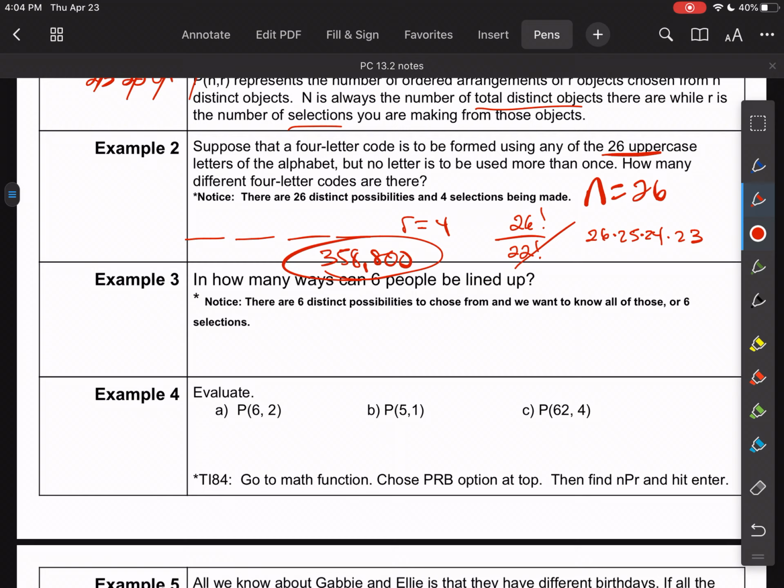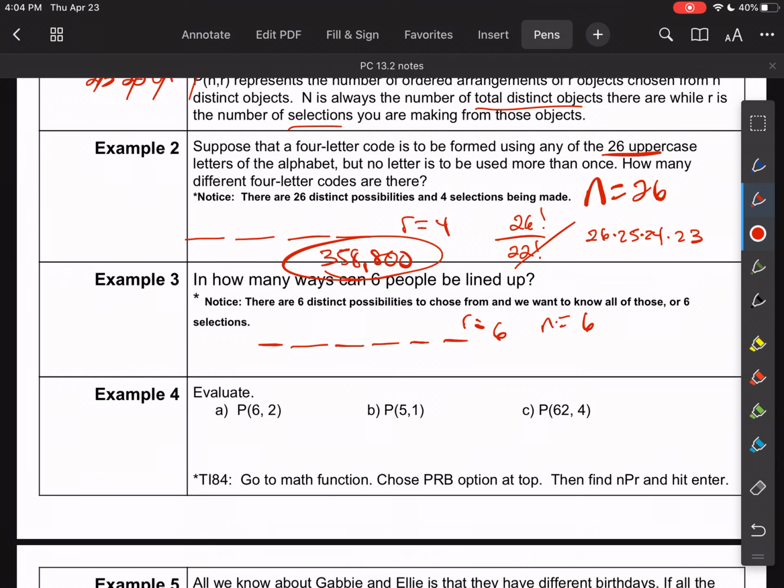In this case, we do have 6 distinct people, and we want to see all of them used. So we have 6 selections that we're making, so r is equal to 6, and n is 6.